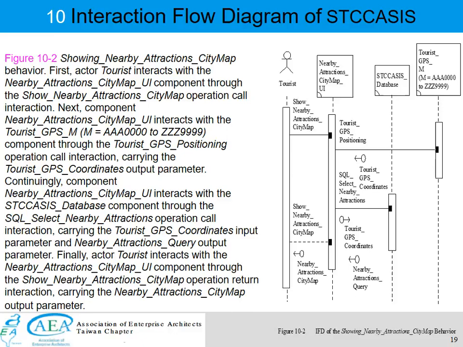Then, the third interaction is the nearby attraction city map UI component interacting with the STC AXIS database to input the tourist GPS coordinate data into the database, and also get the nearby attraction query output data.